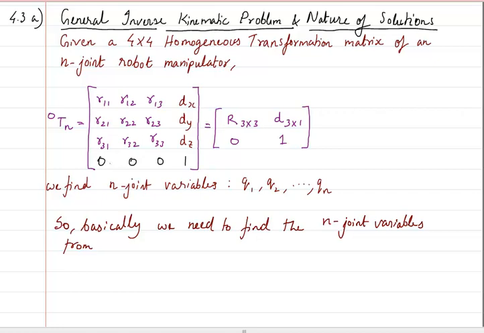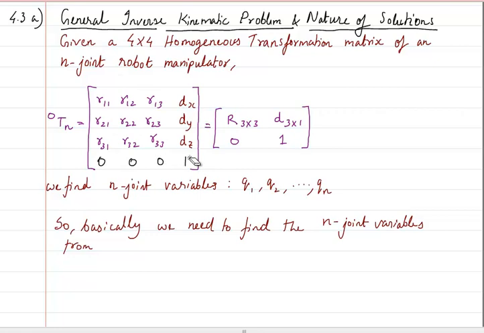How many elements are there? We have 0 0 0 1 in the bottom row, and it will be 0 0 0 1 only here as well. That means that is not going to give us any help, so that part we can actually not take. Now how many remaining elements are there?